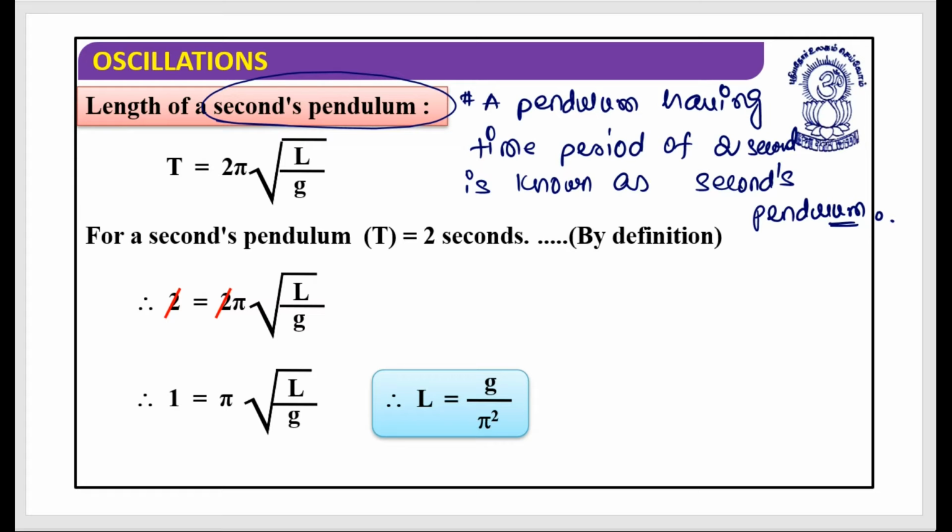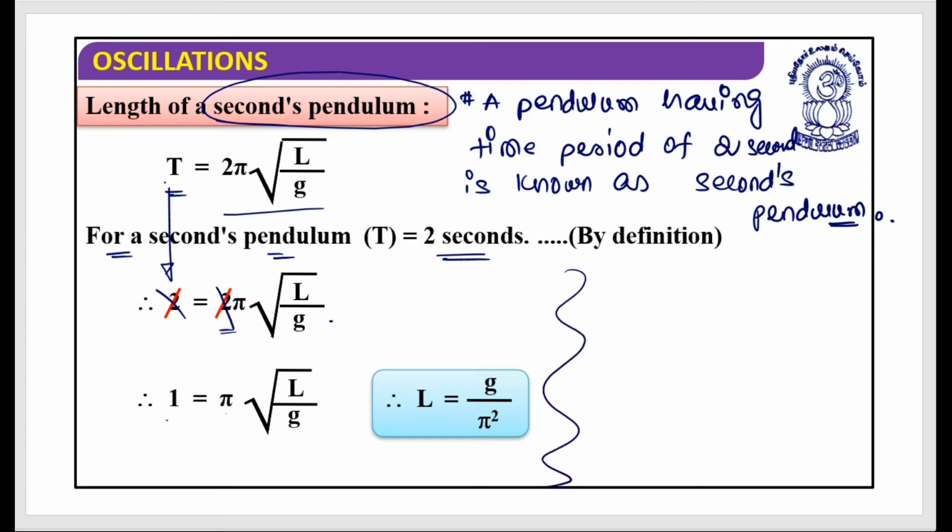So we have the relation T equals 2 pi root of L by g, and for a seconds pendulum this time period is equal to 2 seconds as per the definition. So putting the value, 2 equals 2 pi root of L by g, and this 2 cancels out. So I am left with 1 equals pi under root of L by g, and from this L equals g by pi square.